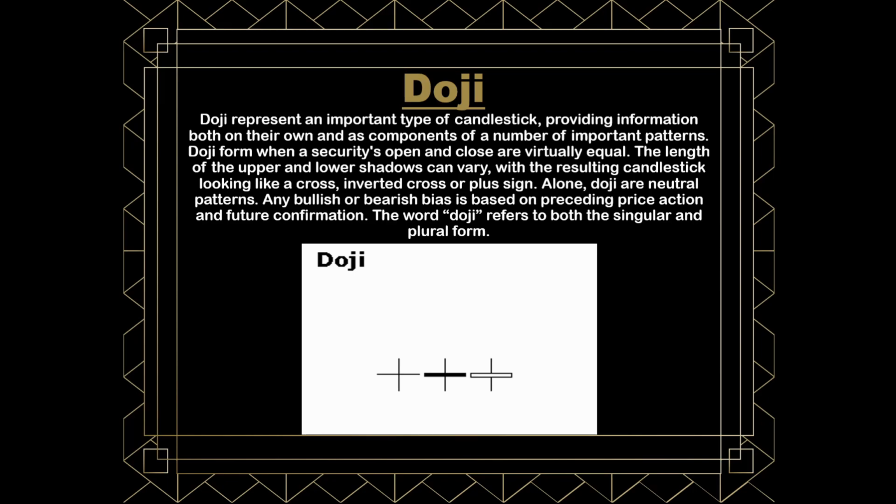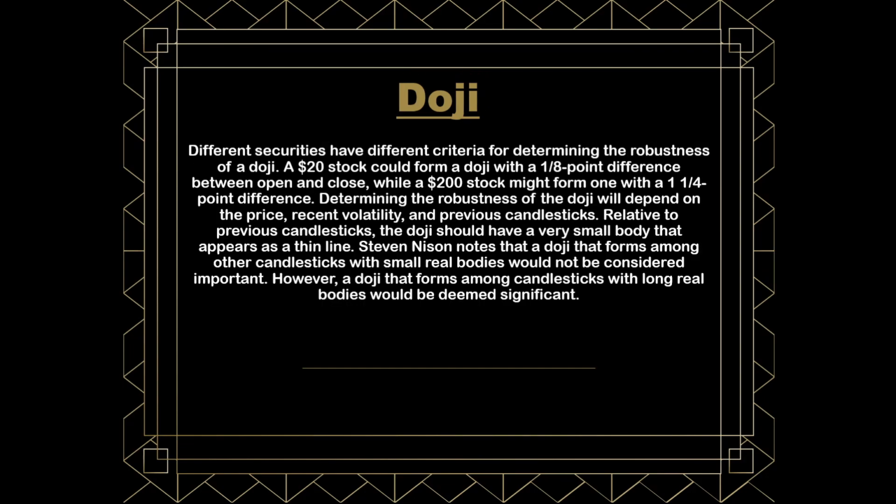And traders and investors like to look for dojis at the end of a trend, at resistance, at support, to anticipate a reversal. Different securities have different criteria for determining the robustness of a doji.